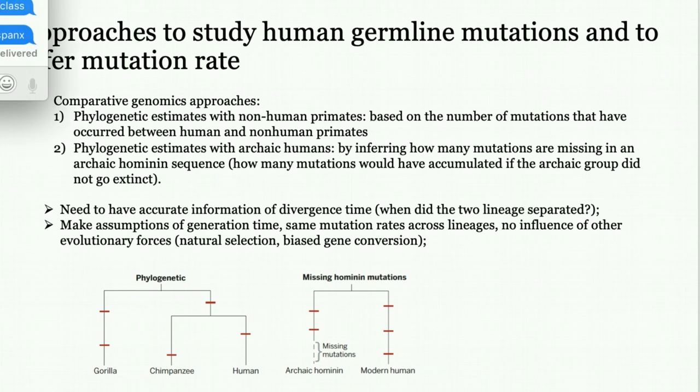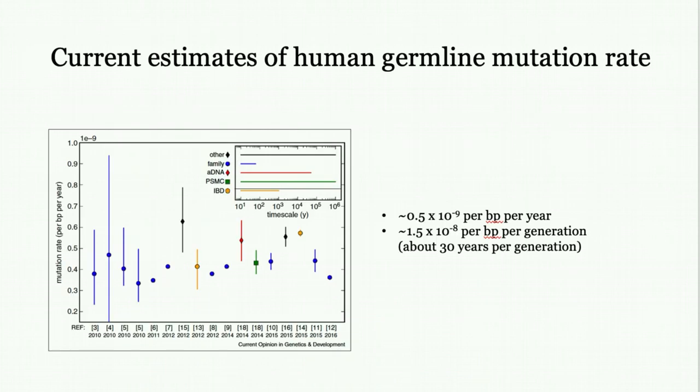And then, how do researchers get these two numbers? As I mentioned, different studies give a different number. And the point here is called a point estimate in statistical analysis. Basically, you estimate a number for mutation rate. We know that number is just an estimate.